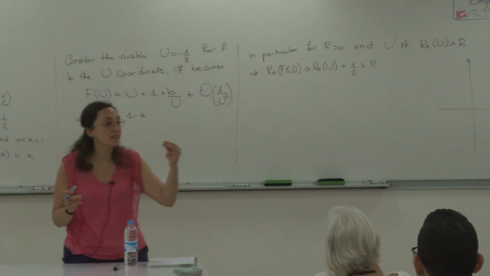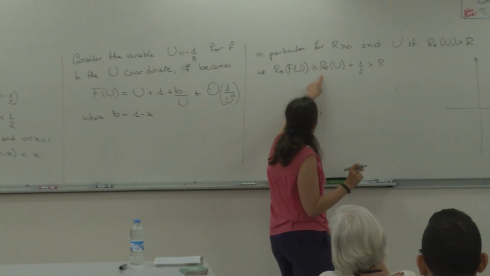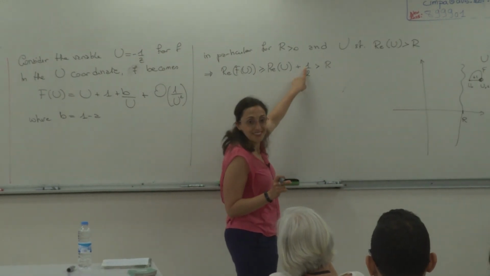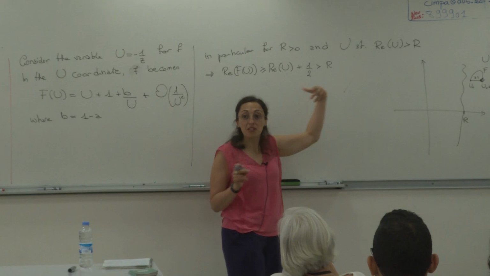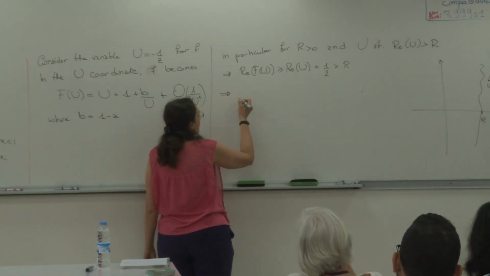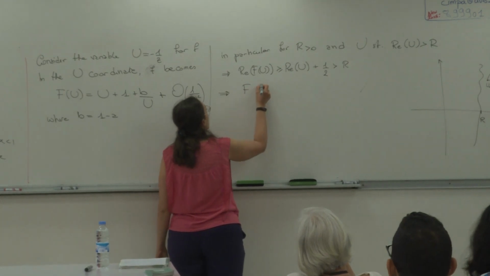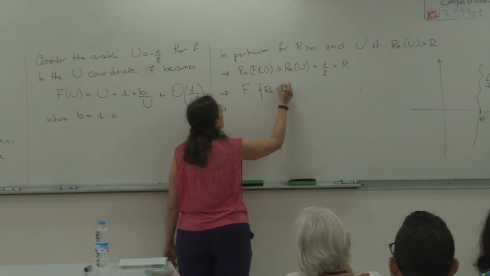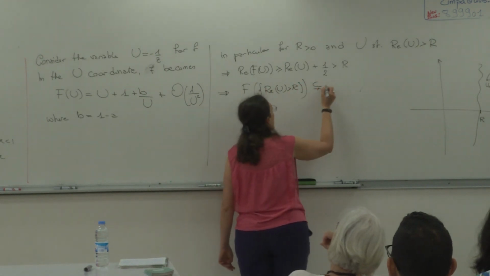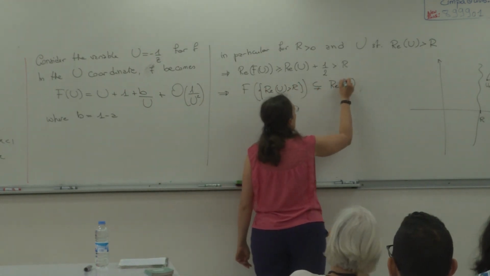And why do I need this? Because now, if you iterate again, you're going to get an n in here. Okay? And so this tells you that capital F of this, real part of u bigger than R, is strictly contained in this right half plane.